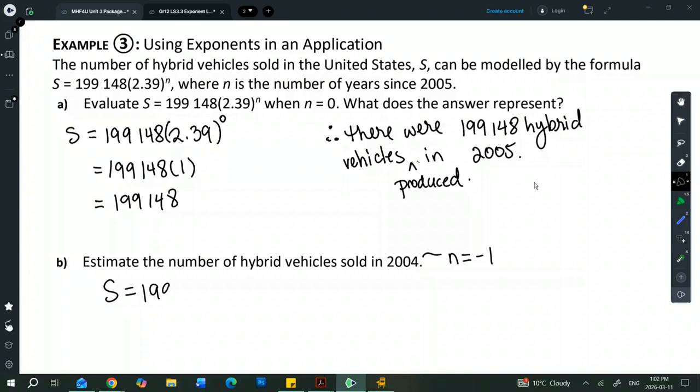Estimate. And we're just gonna plug this all into our calculator just to avoid any rounding issues or anything like that. So exactly as shown.